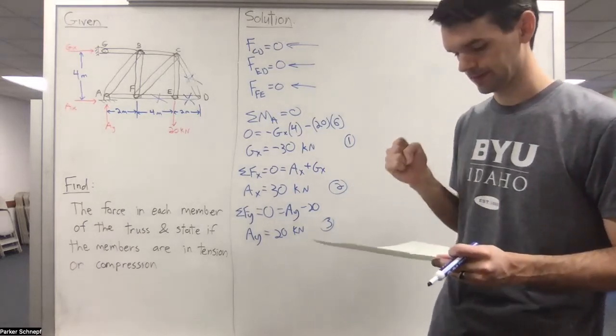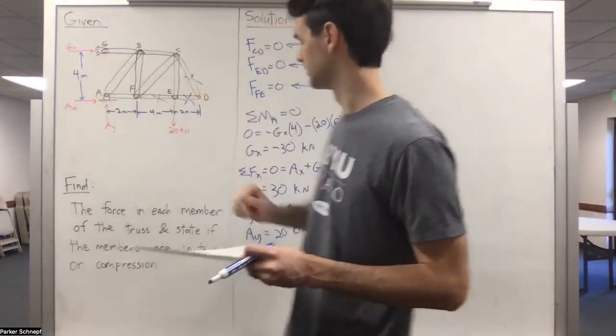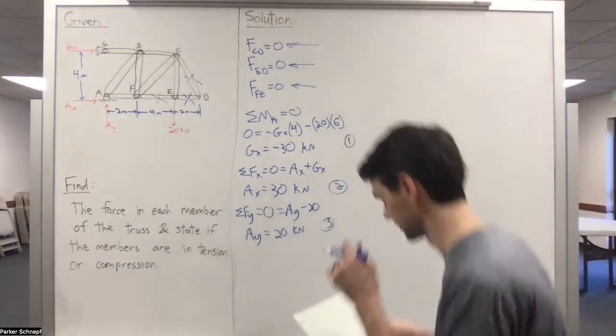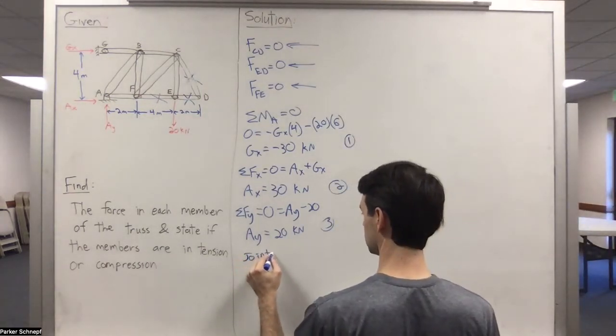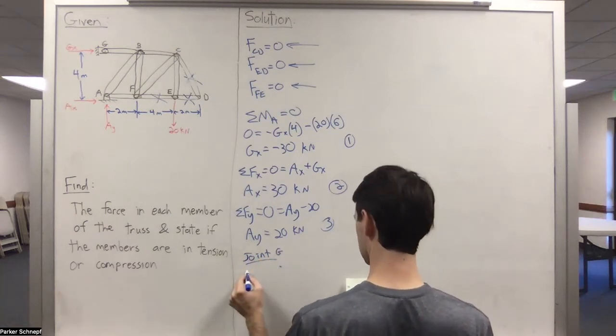So what I'm going to do is start with joint G. And with each of these, you are going to draw a free body diagram. So I'm going to say this is joint G. My free body diagram is going to look like this.